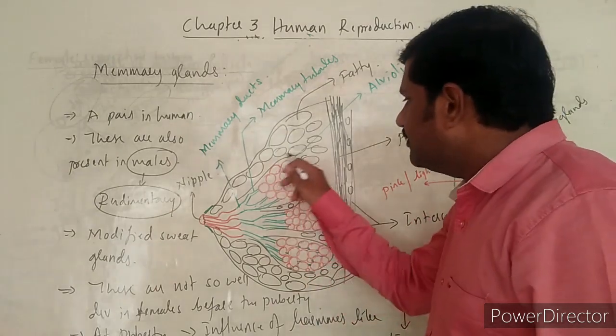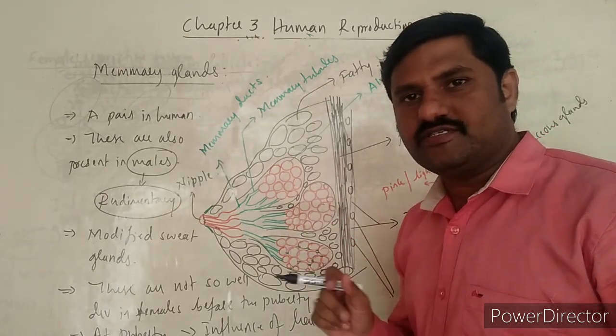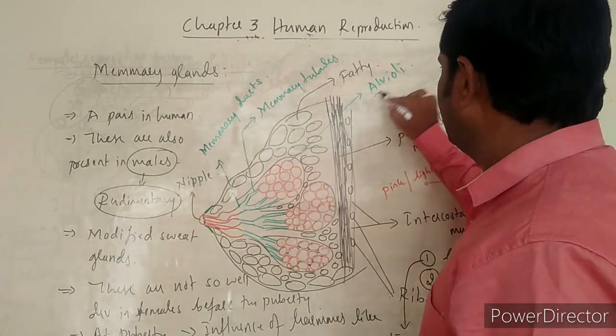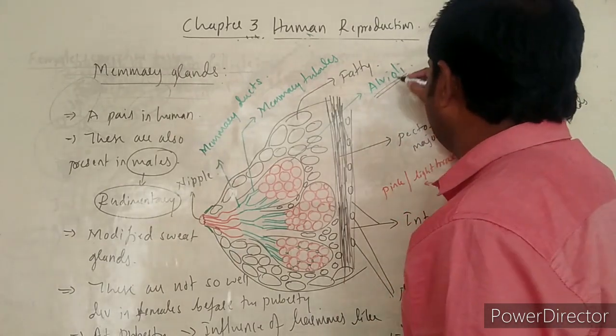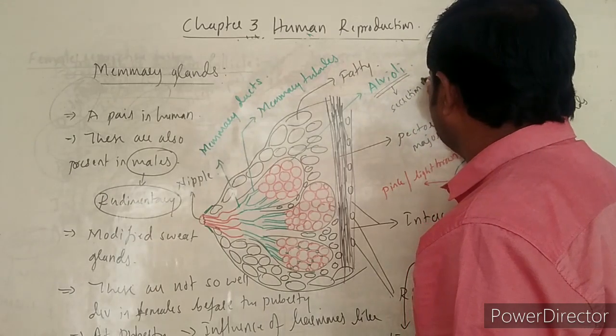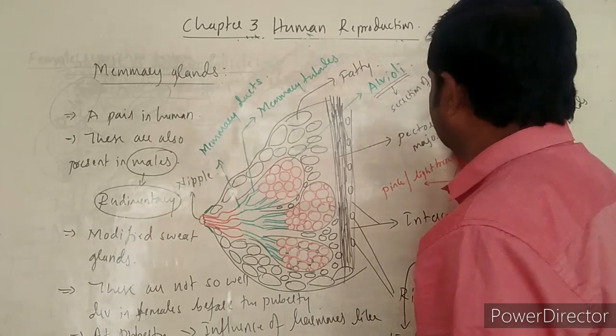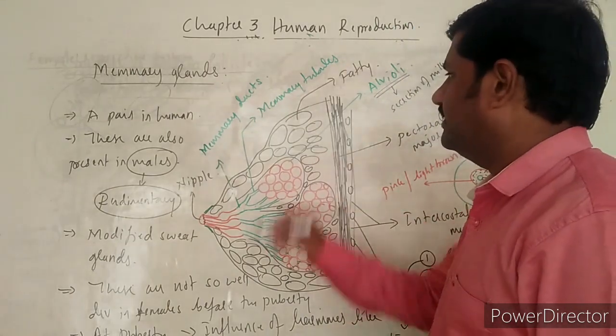Okay, and each lobe consists of many sac-like structures, and those sac-like structures are called what? Alveoli. What are they known as? Alveoli, in which the secretion of milk takes place.